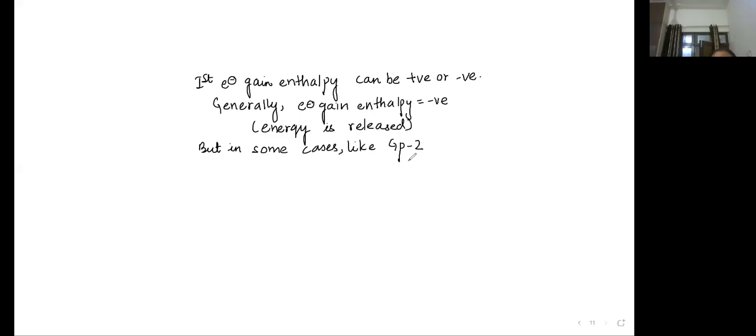will you agree group 2 element will have fully filled configuration? If their configuration is stable, the removal of electron is easy or difficult? Removal of electron is difficult, correct. What about adding of electron? Adding of electron will also be difficult because it is a stable state.